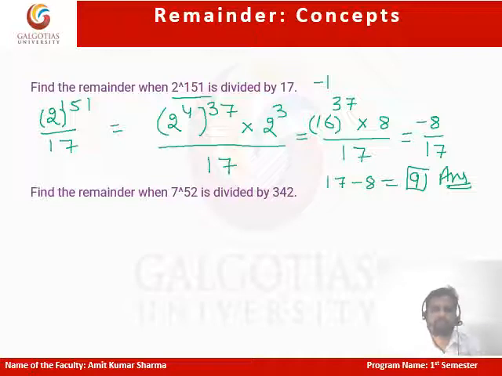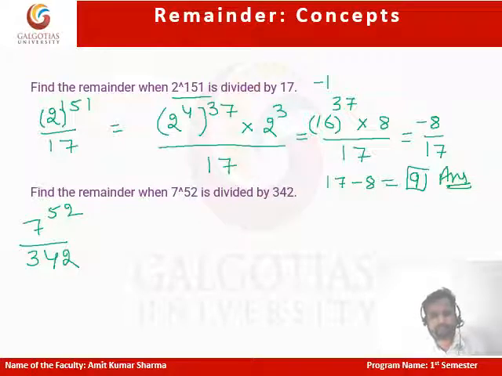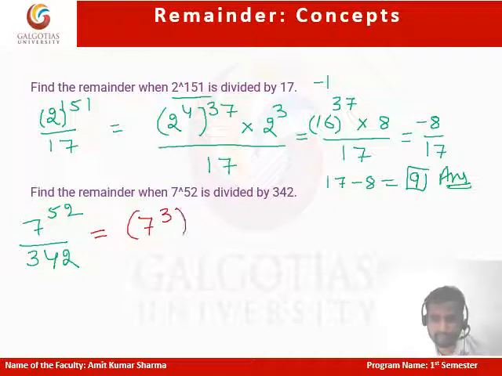Right? Next question is, 7 raised to the power 52 divided by 342. Just check which power of numerator, means which power of 7 when divided by 342 leaves a remainder 1 or minus 1. If you try to calculate 7 cube, 7 cube is 343.